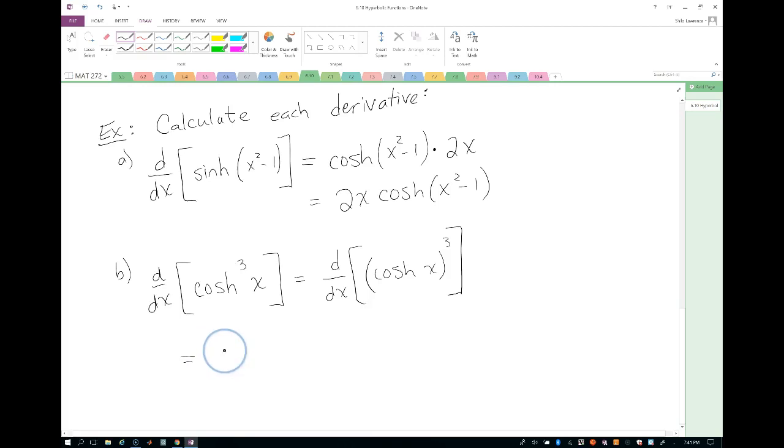So when we do a cubed, the old exponent comes out front, we rewrite the base, and we subtract 1 for the new exponent. And then we also have to multiply by the derivative of our base, which was hyperbolic cosine, and we get hyperbolic sine. And if you want to, you can rewrite it back in the form that it was given to us and avoid some of those parentheses. 3 hyperbolic cosine squared of x times hyperbolic sine of x.